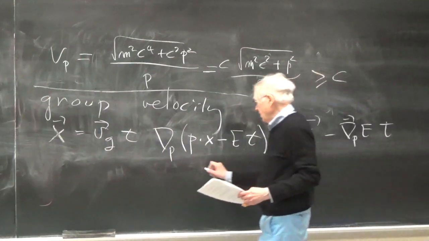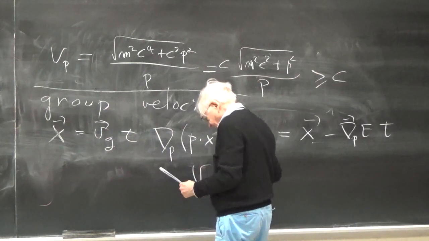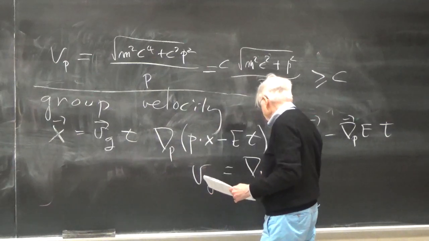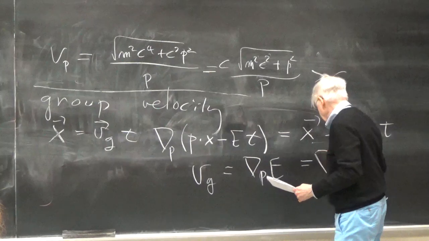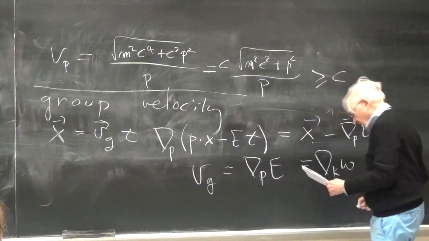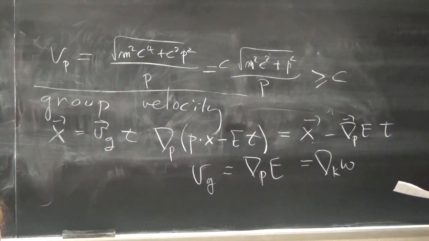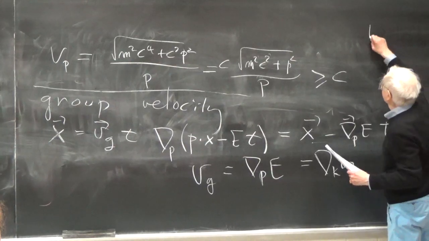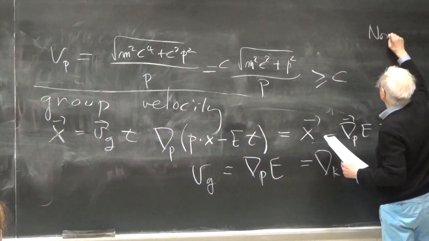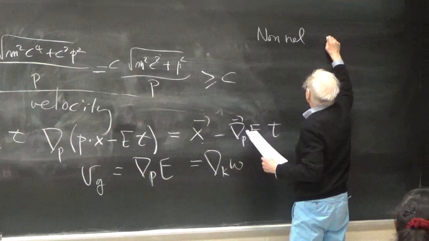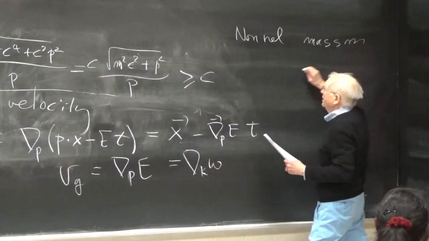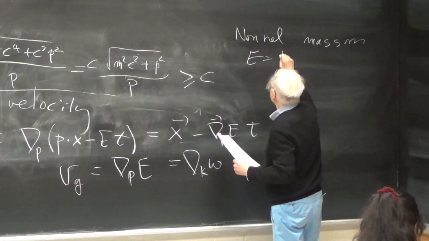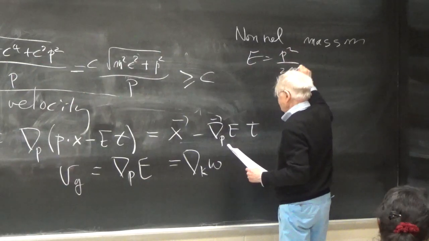And so the group velocity is the p gradient of E, or equivalently the k gradient of omega. And so for a couple of examples, if we have a non-relativistic particle, mass m, then E is p squared over 2m.